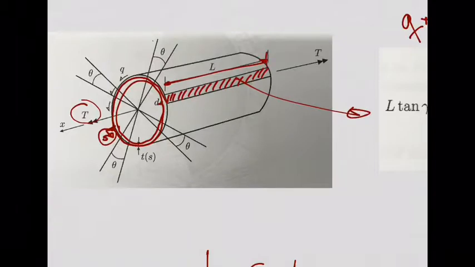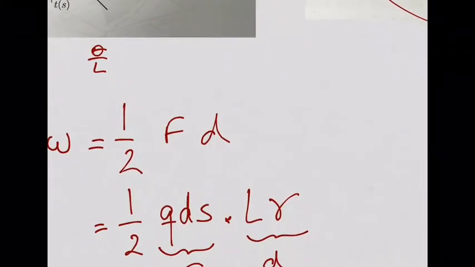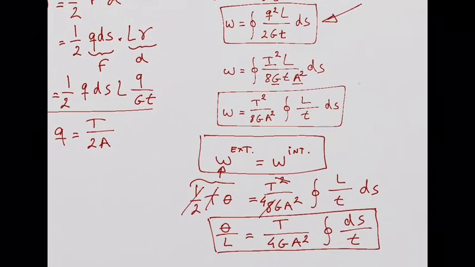So basically, imagine if this distorts by this angle theta, what I'm saying, this theta over L, or this twist angle per unit length of my tube, is given by this expression here.